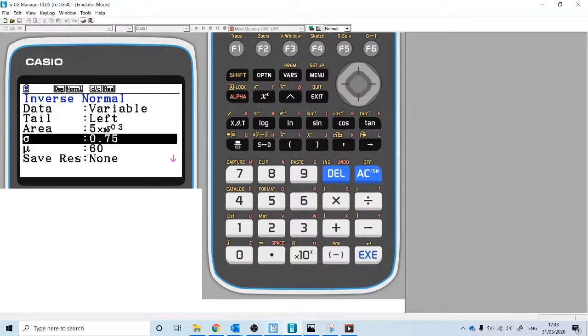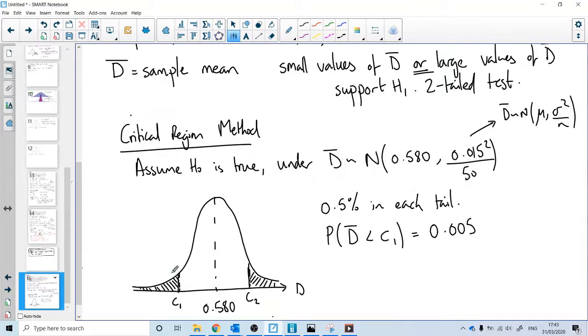We need to put in our standard deviation. So careful, we're doing this with D bar as our distribution, and this is the variance of D bar. Our calculator wants the standard deviation of this distribution, so we need to square root the variance.